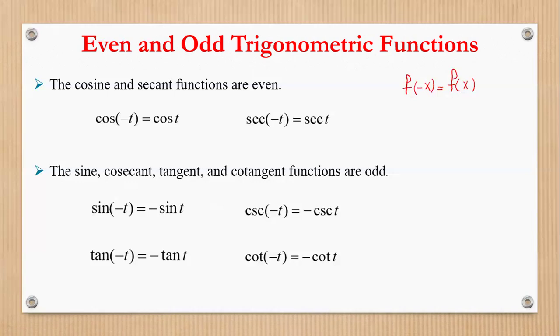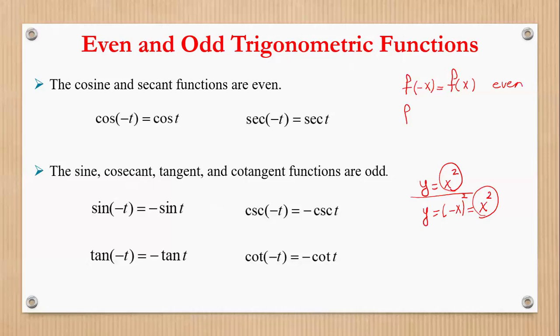For example, I have the function y equals x squared. If I replace the x by -x, and I square it because that's a part of my function, I know that negative x squared is still positive. So as you see, if I replace the x by -x, I get the same answer as I had for the function, which means this function is even.